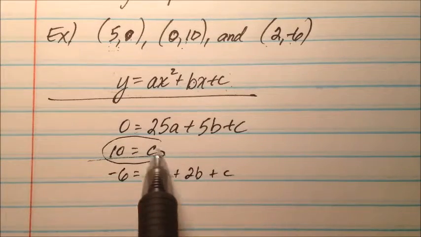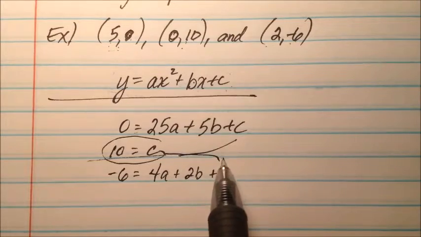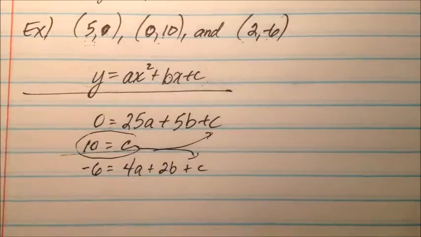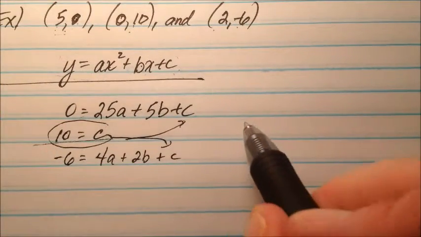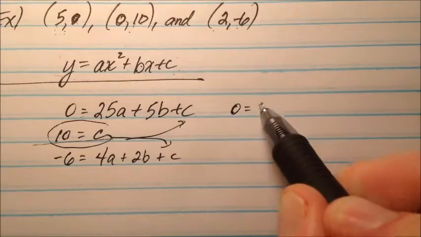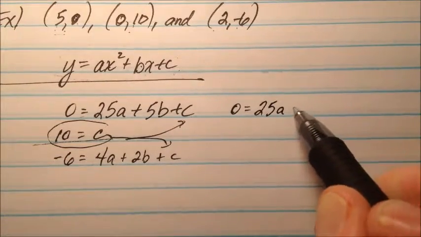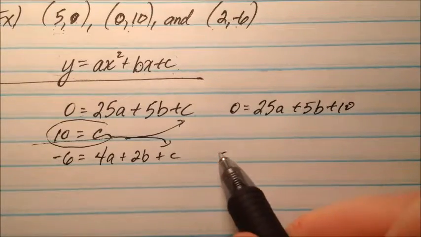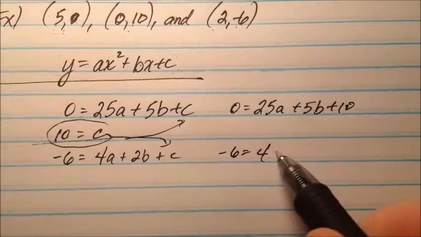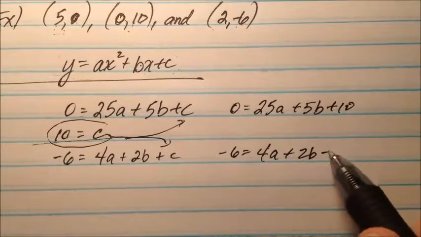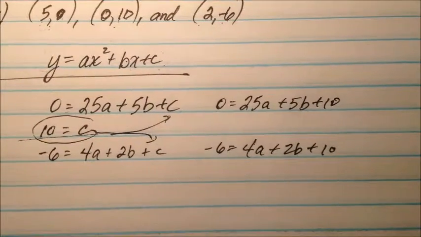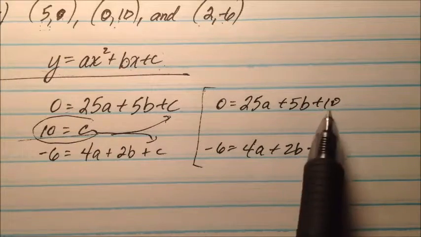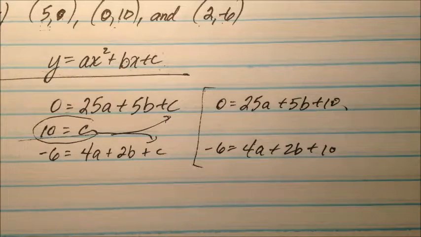Well, right now I can go ahead and plug that value of 10 in for my c's. So if I come over here, I'll have 0 equals 25a plus 5b plus 10. And my other one will be negative 6 equals 4a plus 2b plus 10. So now I've already got my system of 3 equations with 3 unknowns whittled down to 2 equations with 2 unknowns.